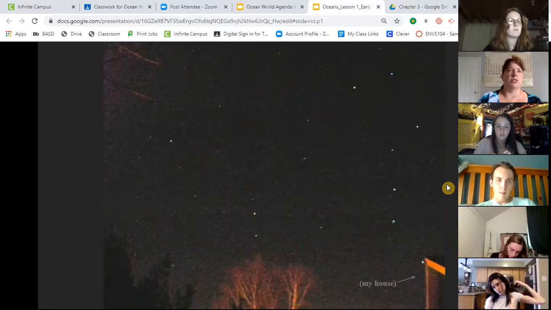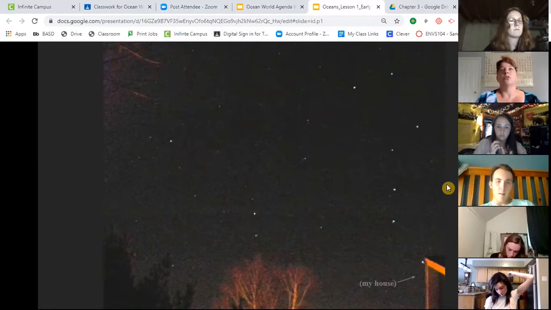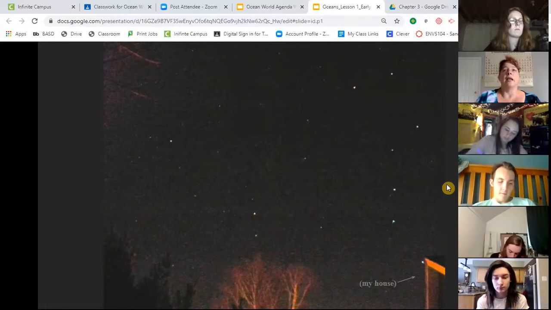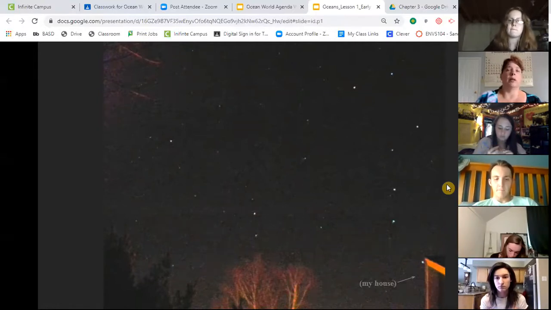A lot of calculations would have to be done in order to get a fairly accurate location. So there's actually an even easier way for sailors, at least of the old times, to determine their latitude. And it was based on using the angle to the North Star, which is called Polaris.